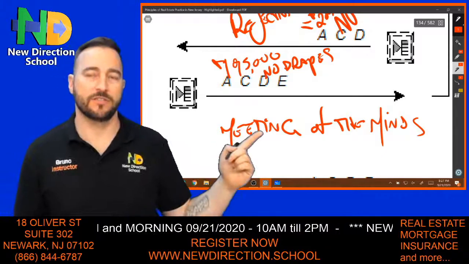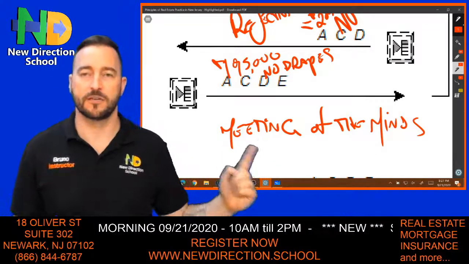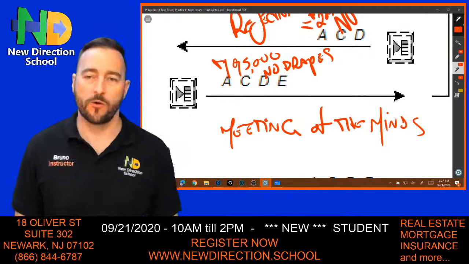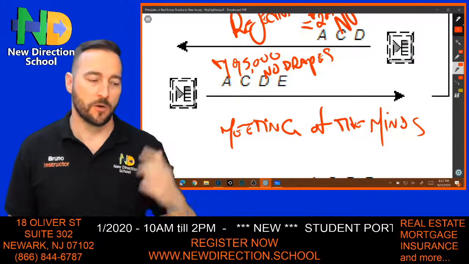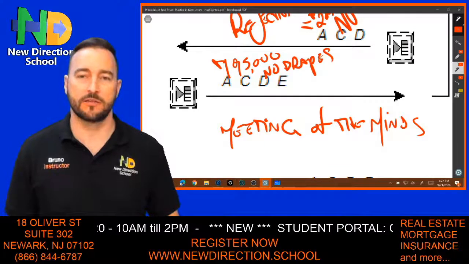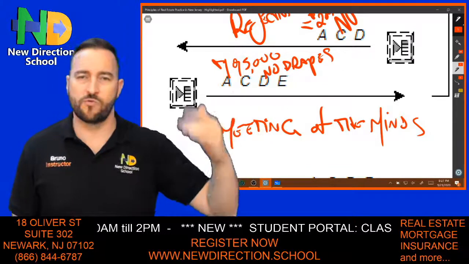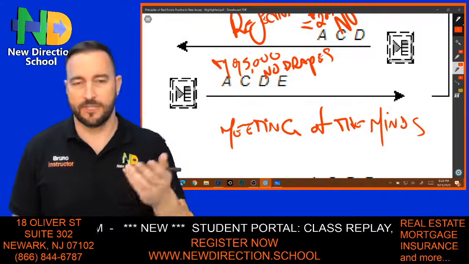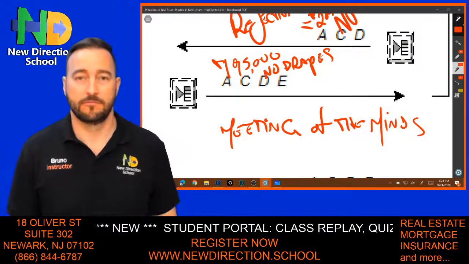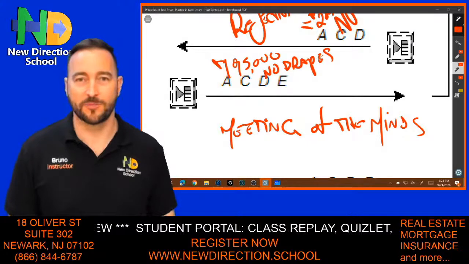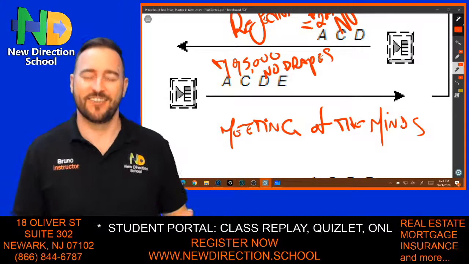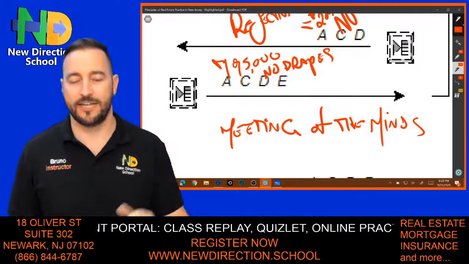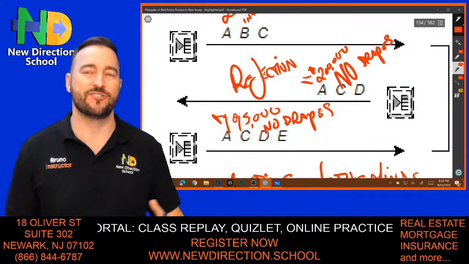Until this happens, meeting of the minds, we go back and forth and nobody's obligated to move forward. Okay? Once both parties are in agreement, so seller will now go, you know what, 197, and that's it. That's my final. All right? And buyer will go like, hey, 197, we're good. I can buy drapes of $3,000, no problem. You guys understand? Once everybody agrees to all the terms, we're good to go. Until then, these are all rejections.